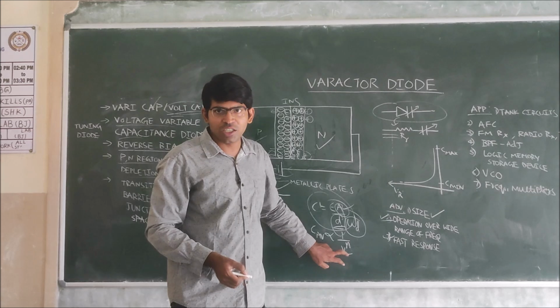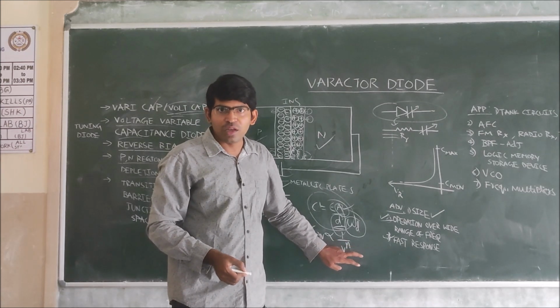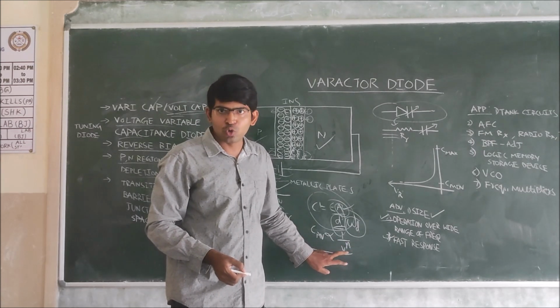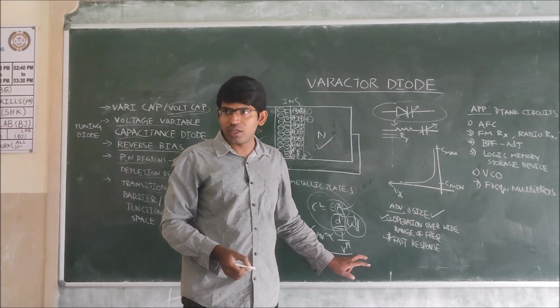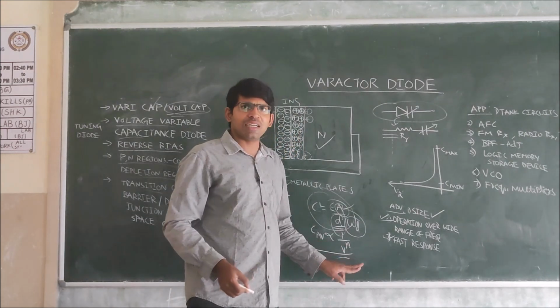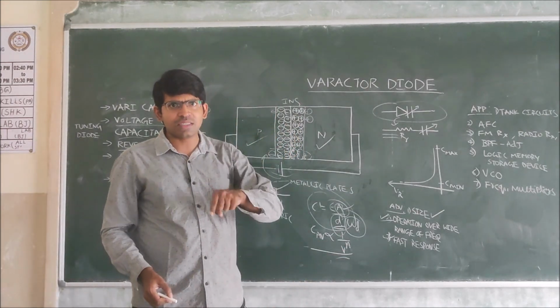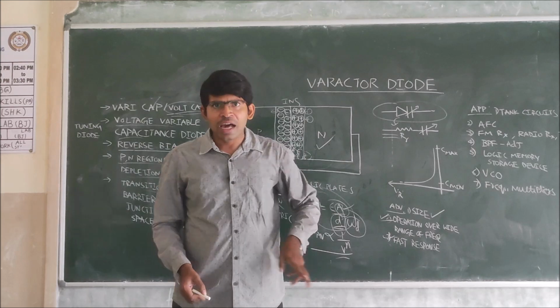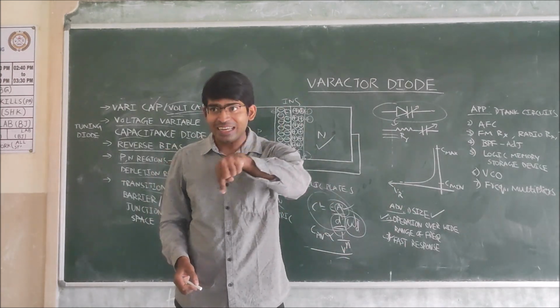The actual equation is 1 plus V by the barrier voltage, to the power n. But finally we are condensing that equation and saying the capacitance is inversely proportional to the reverse voltage to the power n.